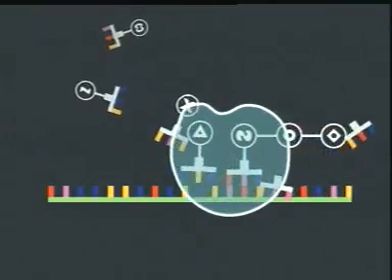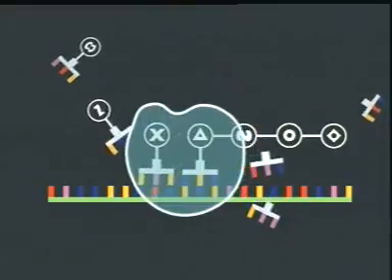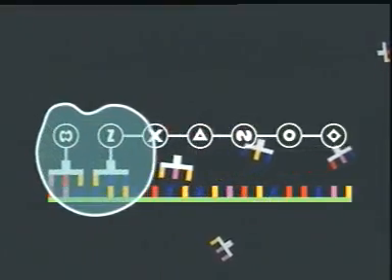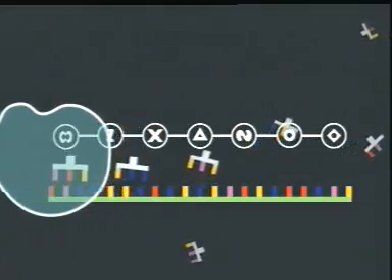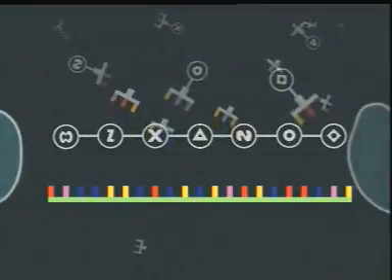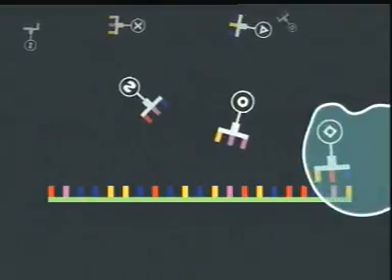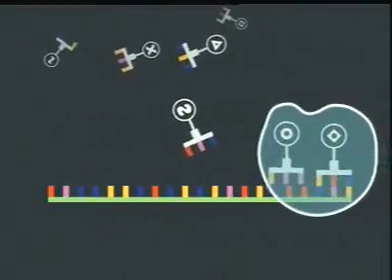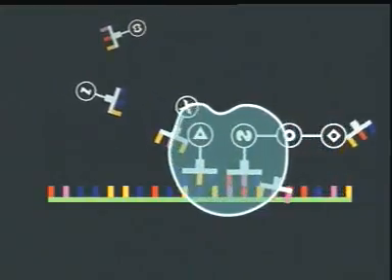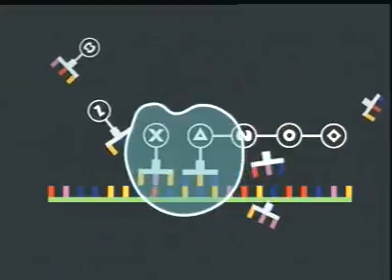Bonds form between the amino acids and the transfer RNAs. Their job done, the transfer RNAs are released into the cytosol, and so the process continues. As the ribosome moves down the messenger RNA, a chain of amino acids, a protein strand, is extruded into the cytosol.